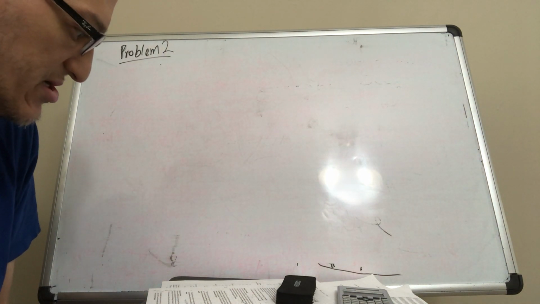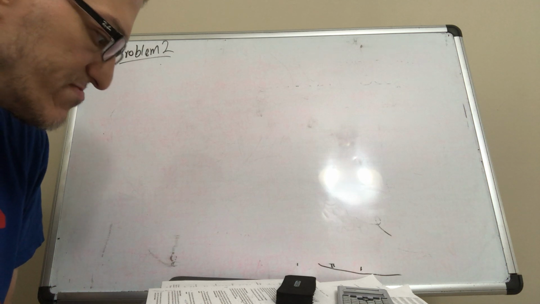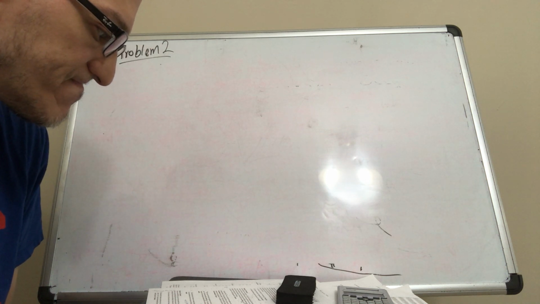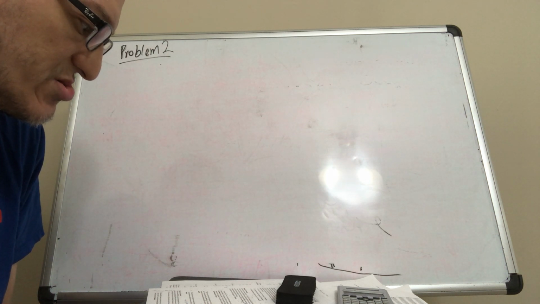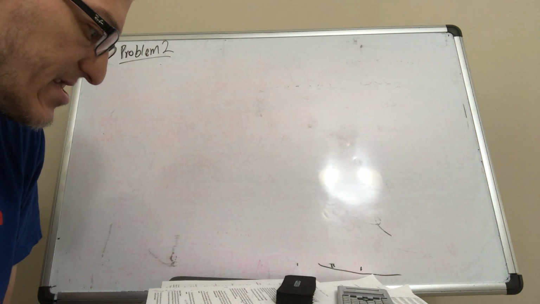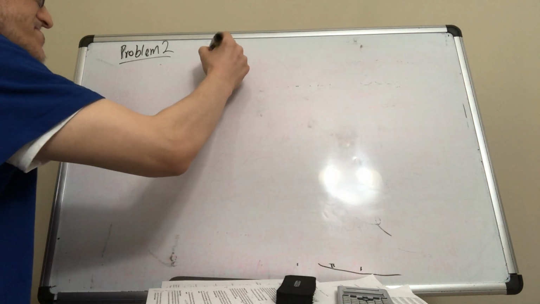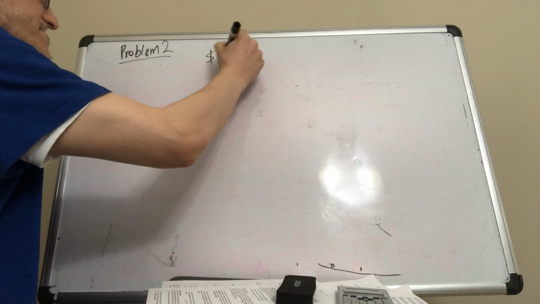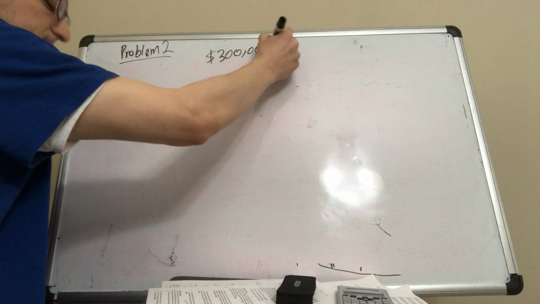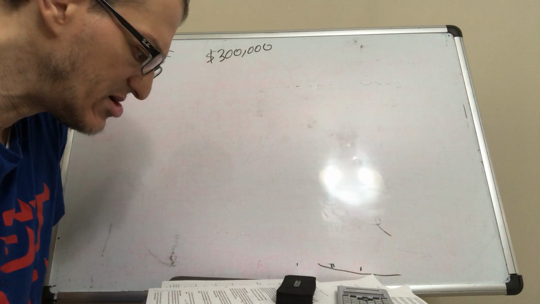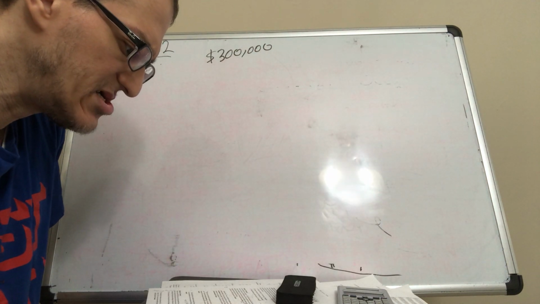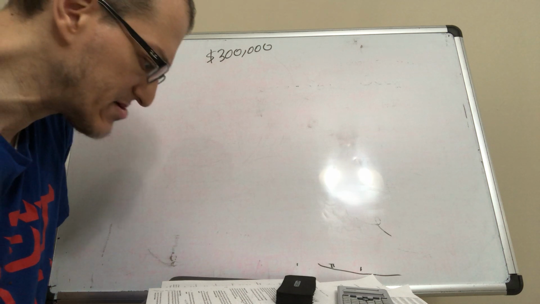Problem number 2, you would like to buy a big boat. You do your research and you find one in Portugal. Price $300. It will cost $20 to be delivered to Halifax.